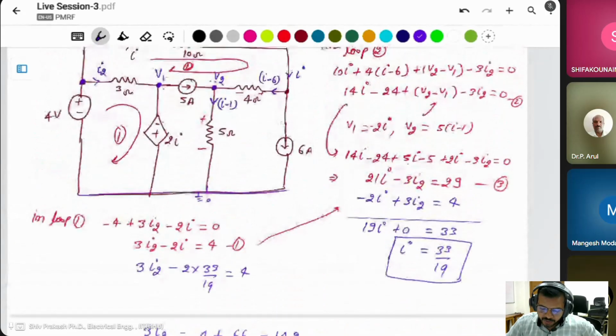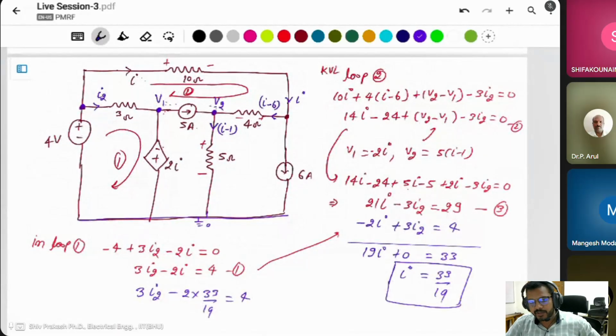Simple equation you can solve by taking KCL and KVL, but we have to keep strong calculation about that.